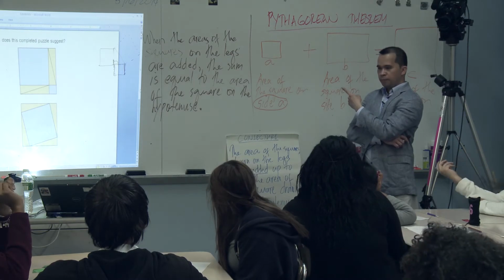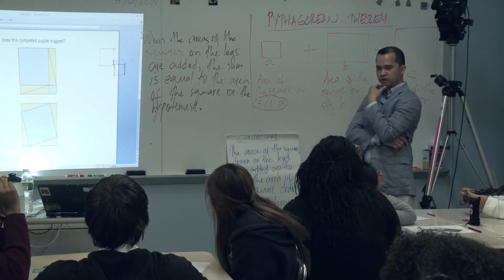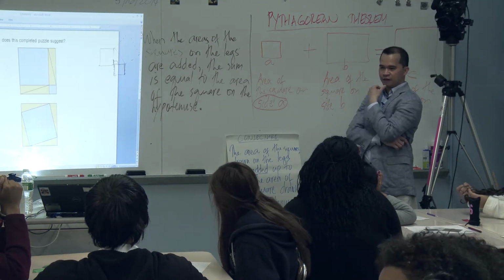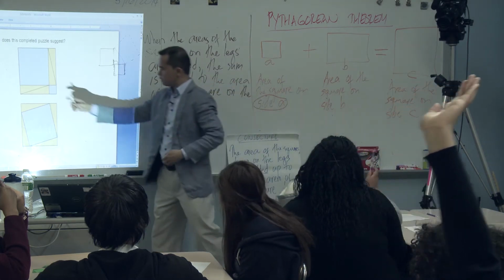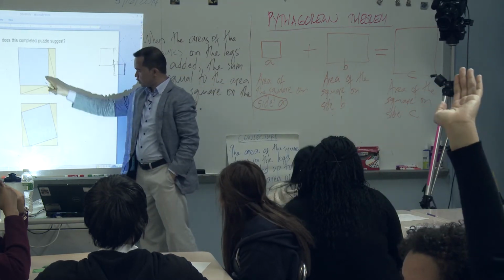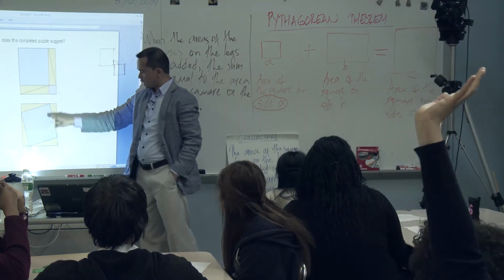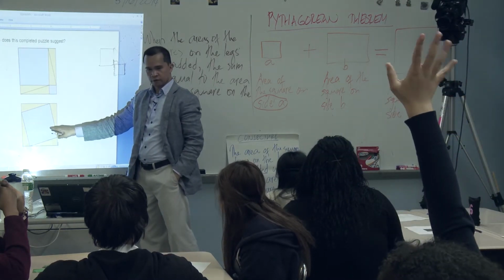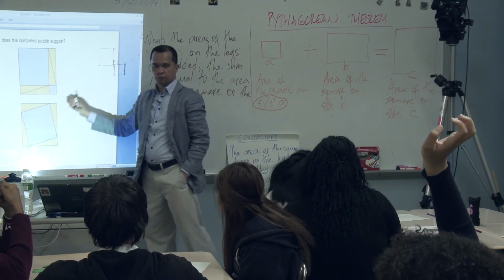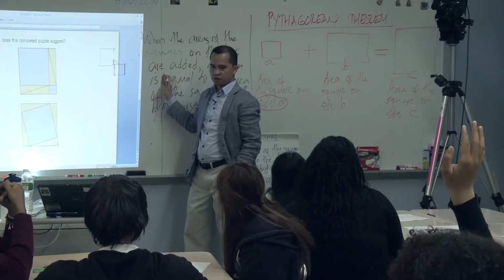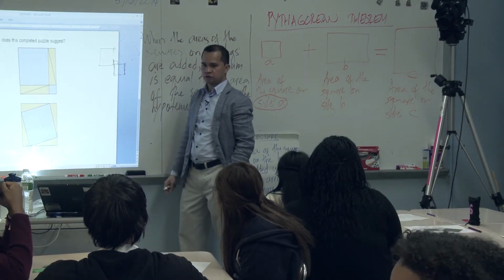Someone look at the puzzle, the 2 frames, how you put all those pieces together, and see if you can justify that. How do we know for sure that if I add the areas of these 2 squares, they will actually match this square? Now, of course, I'm going to ask Desiree to explain, to support her conclusion here. But I really love it when you guys just look at the statement and think about it.